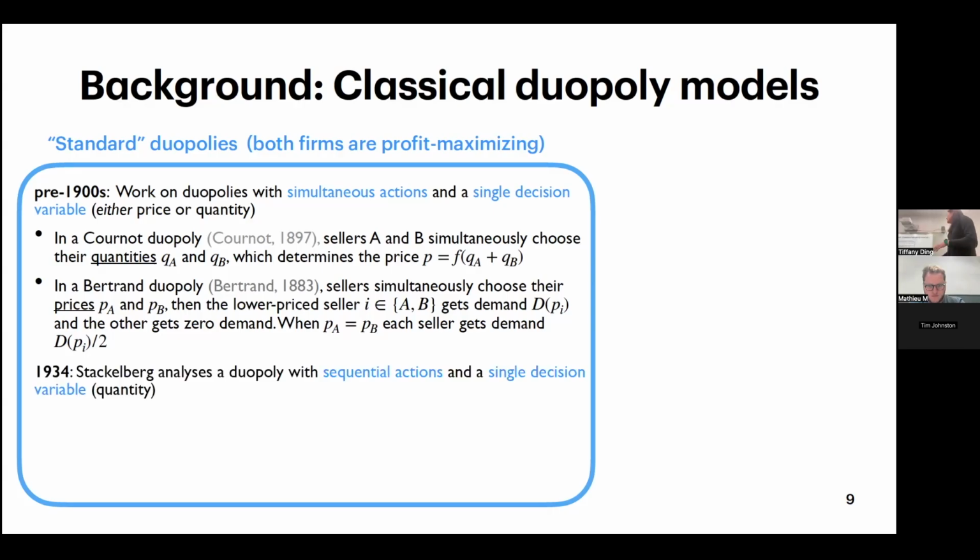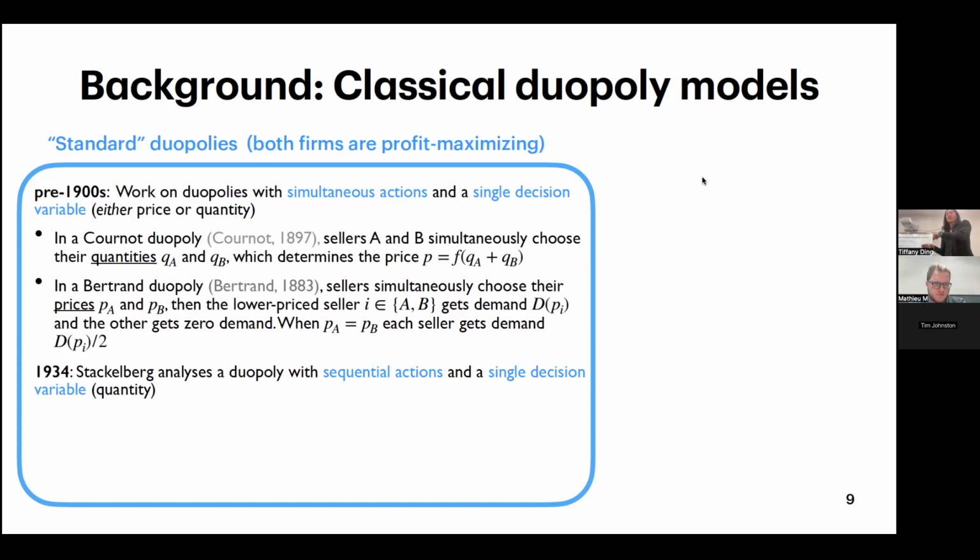Then in the 1930s, Stackelberg proposed a sequential version of a duopoly, a modification of the Cournot duopoly, where one of the sellers sets their quantity first.